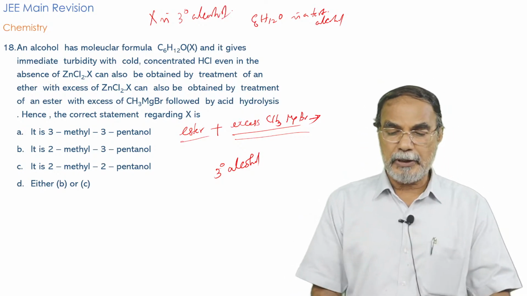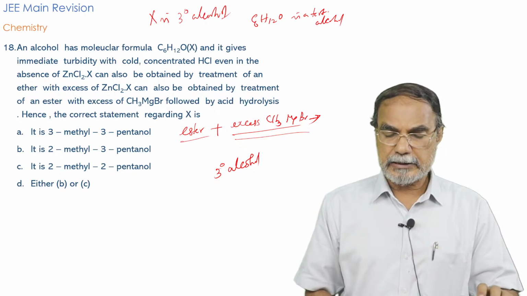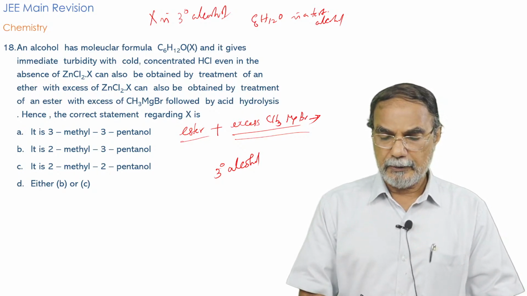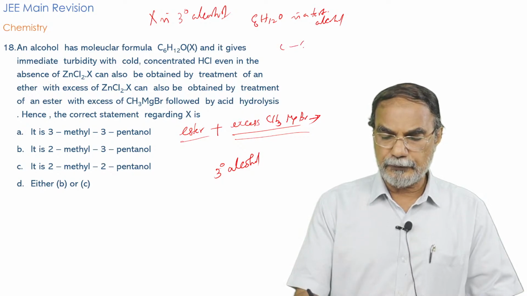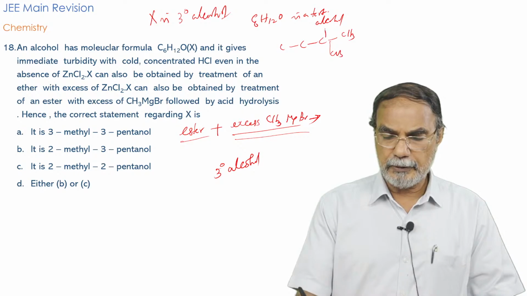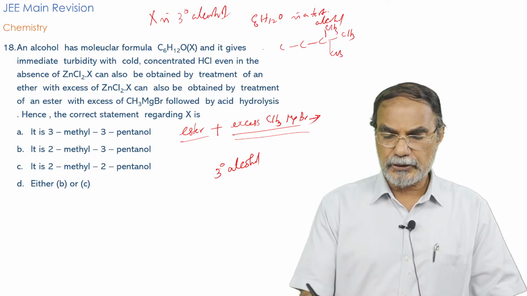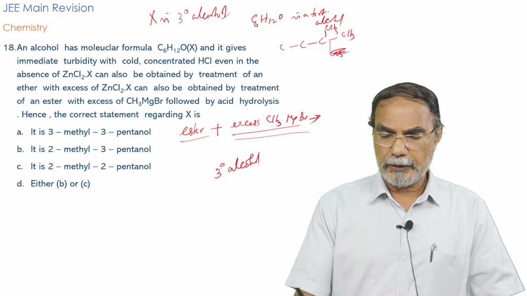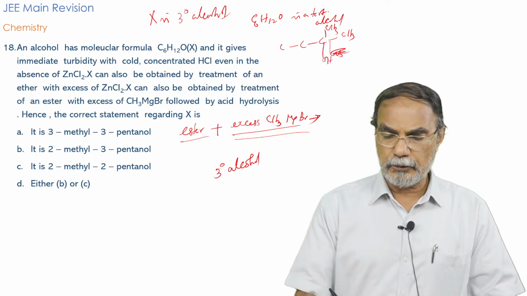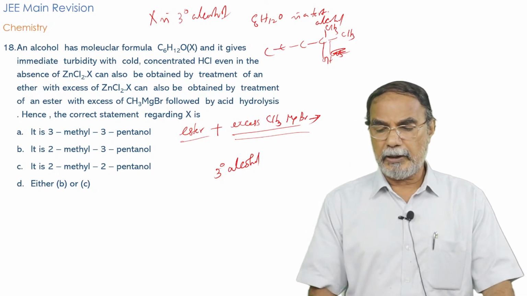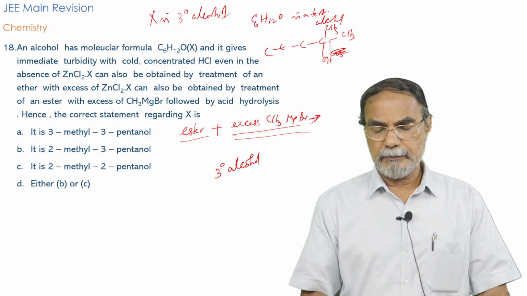What are the possibilities? If it is a 6 carbon containing tertiary alcohol, what are the possibilities you can have? You can have this compound with 6 carbon atoms, with the OH group here, and 2 methyl groups on this carbon.